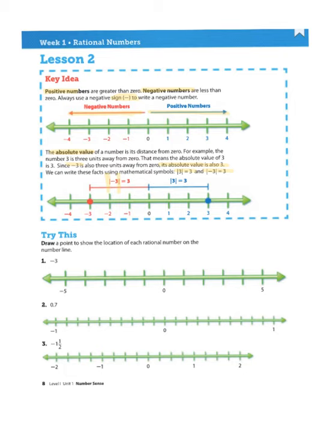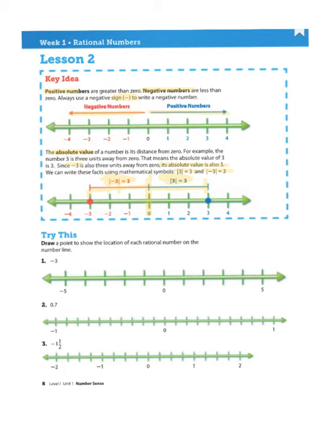And then they also show you on a number line. So here's our 0, here's our negative 3, here's our positive 3. So when we're talking about a positive number, the absolute value stays the same. When we're talking about a negative number, the absolute value changes to a positive.